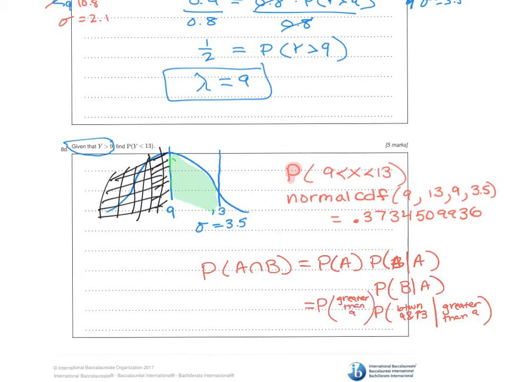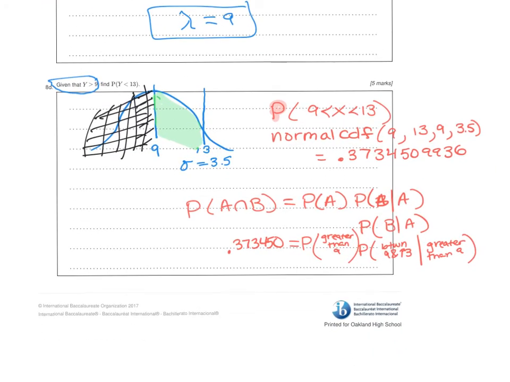And this probability of it being both greater than 9 and between 9 and 13, that's what we just found. Do we know the probability that it's greater than 9? Absolutely. That's just 50%.